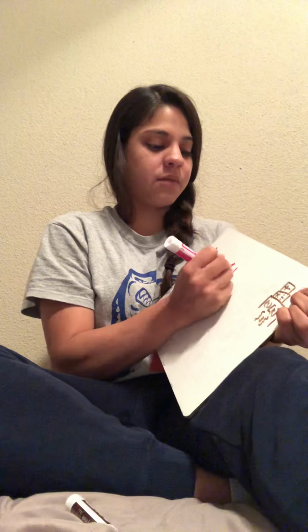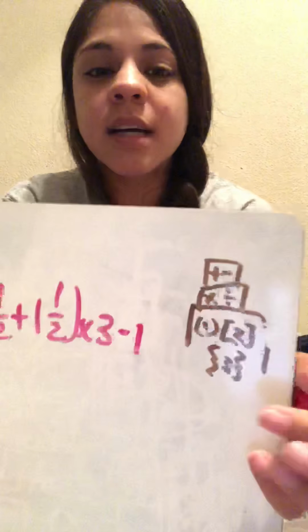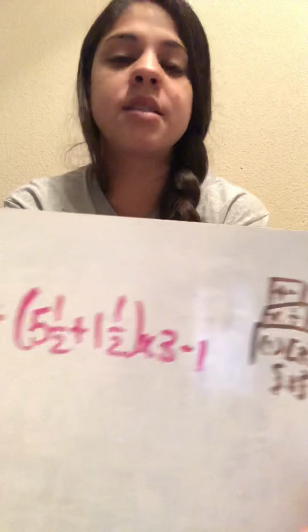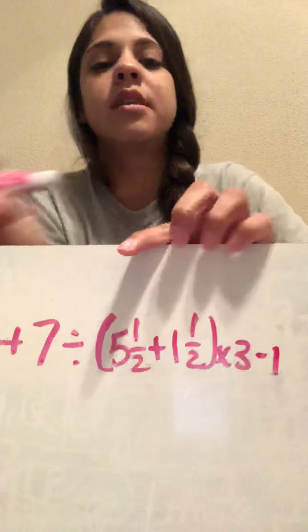Next example is 4 plus 7 divided by, open parentheses, 5.5 plus 1.5, close parentheses, times 3 minus 1. Now I already have my cake on the side, and I know that the first step is my parentheses, so that has to go first. Check it out.